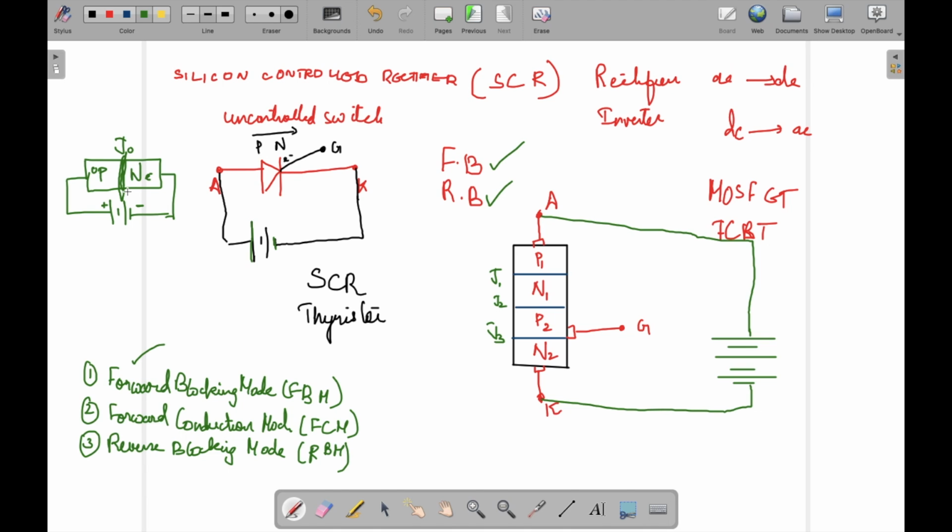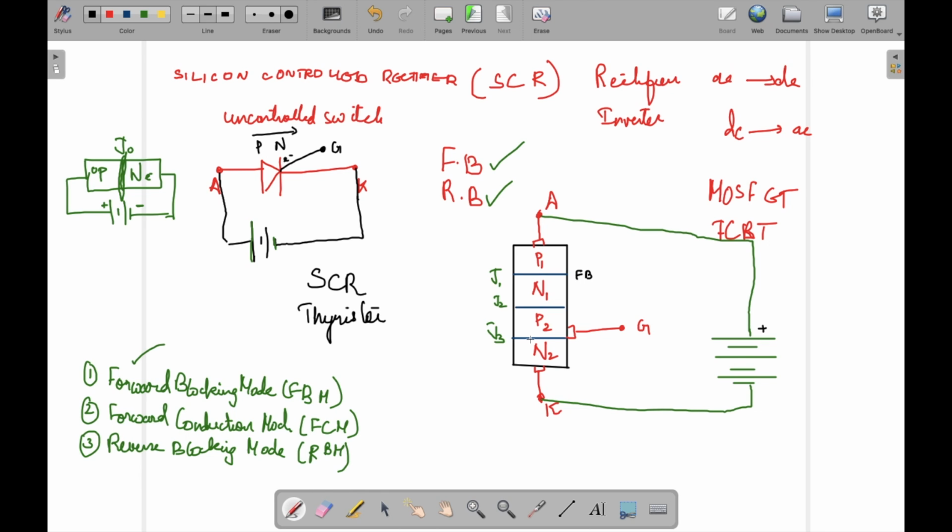In the same way, if we apply the same logic, junction J1 will be forward biased. Why? Because P1 is connected to the positive of the source, and naturally the other part, N1, will be at a different polarity and has electrons there. So J1 is forward biased.